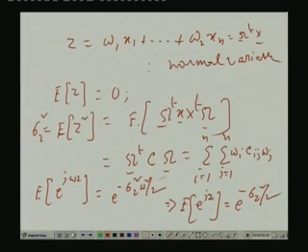That is, multiply e to the power jz by the probability density of z and integrate. But z is a function of x1 to xn. So the expected value of e to the power jz can also be written as the integral of e to the power j, then this quantity omega 1 x1 plus dot dot dot plus omega n xn, that is capital omega transpose x, multiplied by the joint density of x1 to xn.